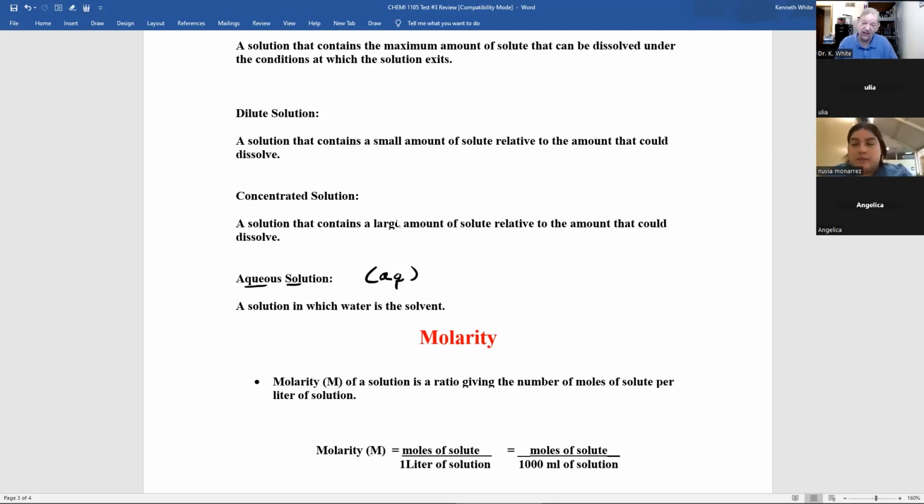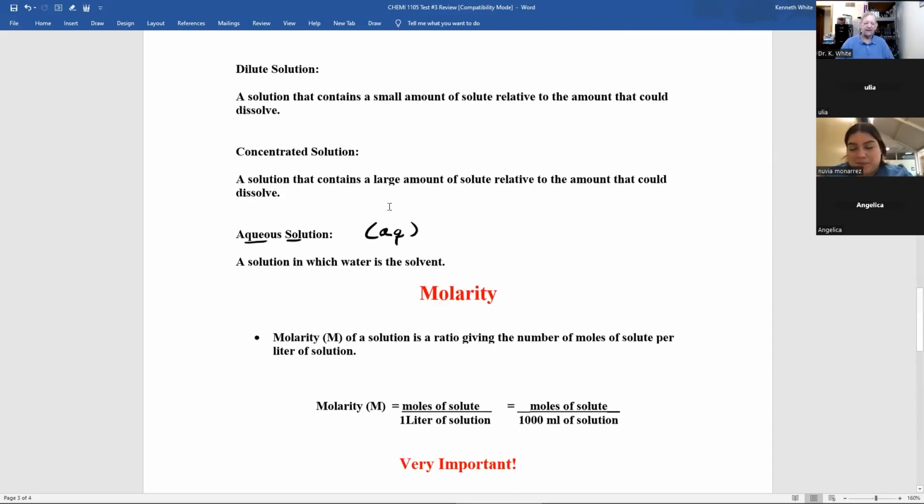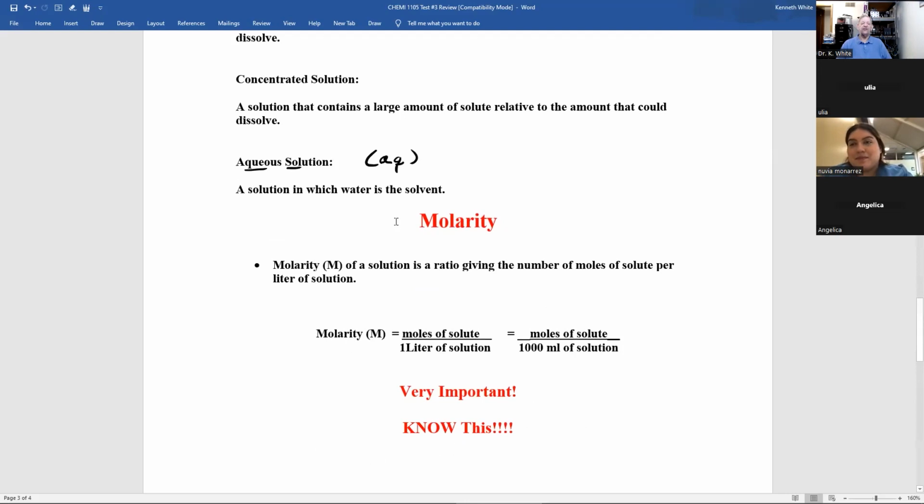Speaking about water, I just had some. Now, talking about different ways of determining the amount of solute in a solution, we call that concentration. The only one I asked you to learn about is molarity.